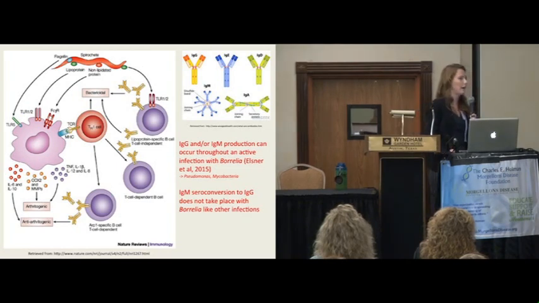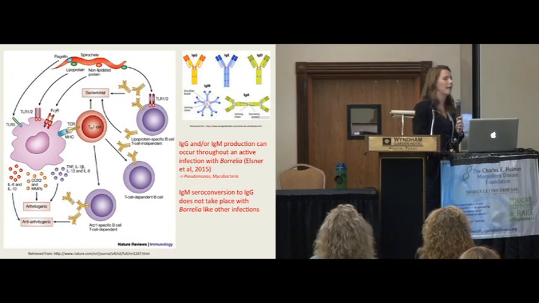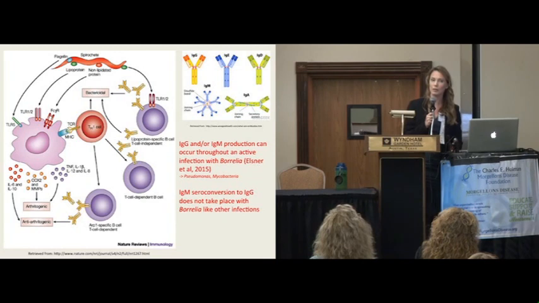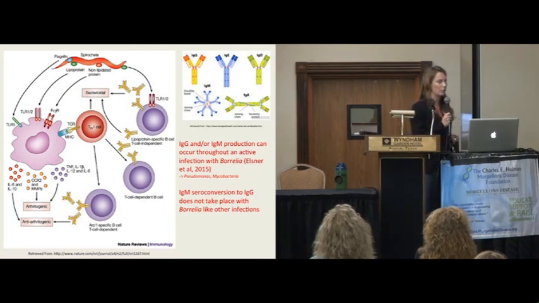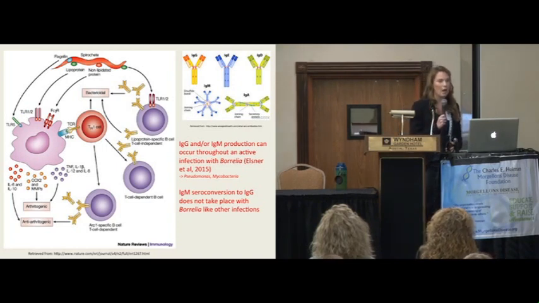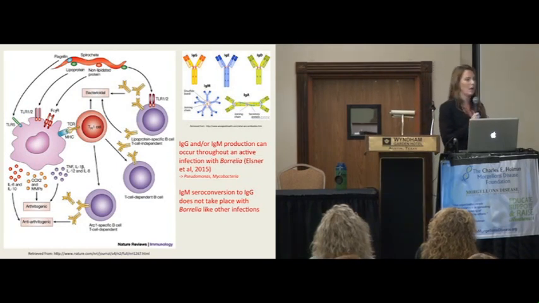There's a lot of literature out there showing that IgM can actually be produced throughout the entire course of an infection. This has not only been demonstrated in Borrelia, it's also been demonstrated in Pseudomonas infections and mycobacteria. So keep in the back of your mind, if ever you go to a doctor and they say, oh, you have a positive IgM response, that should only be positive during the first month of infection. If after that month it's still there, that's a false positive, so you therefore don't have this infection. So just keep that in mind, that it just doesn't play this way. These infections did not read the textbook.